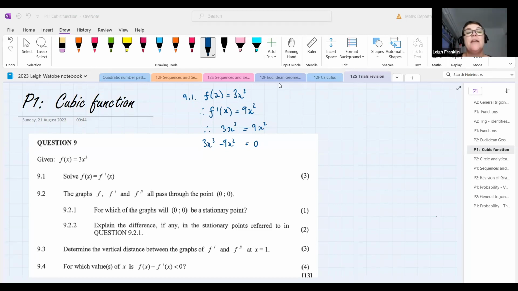Iola says, take out 3x squared as a common factor. Absolutely. Factorize. Quite right. We're going to do that.